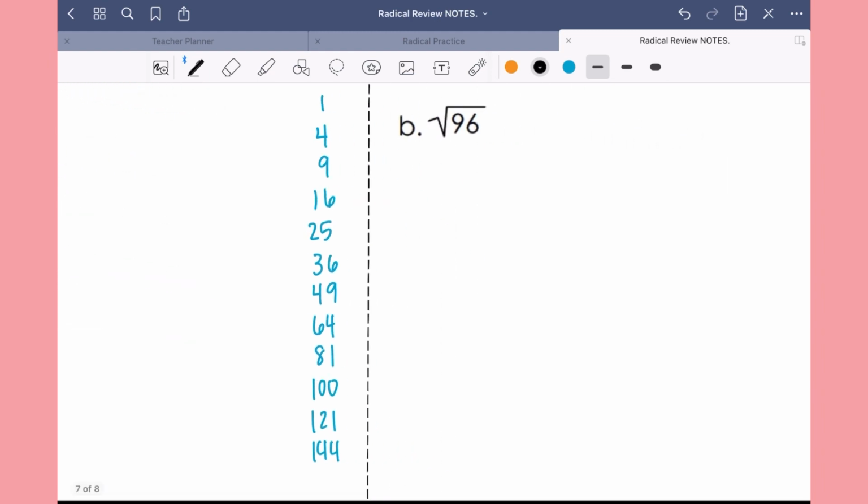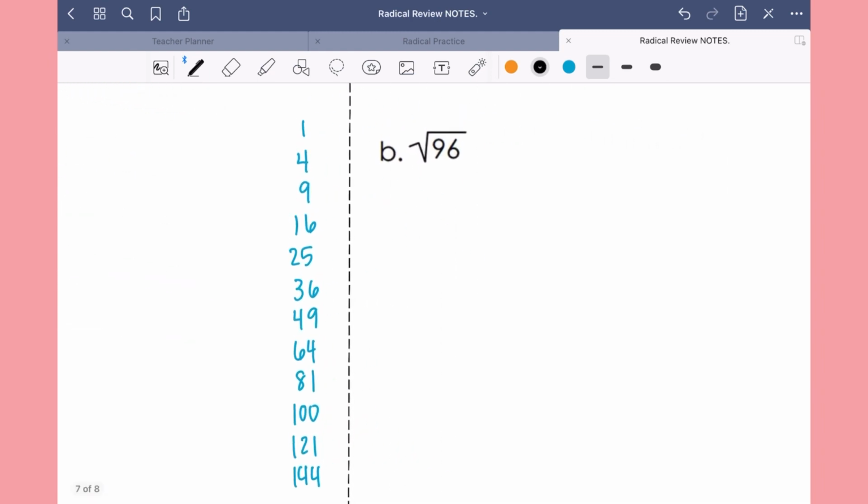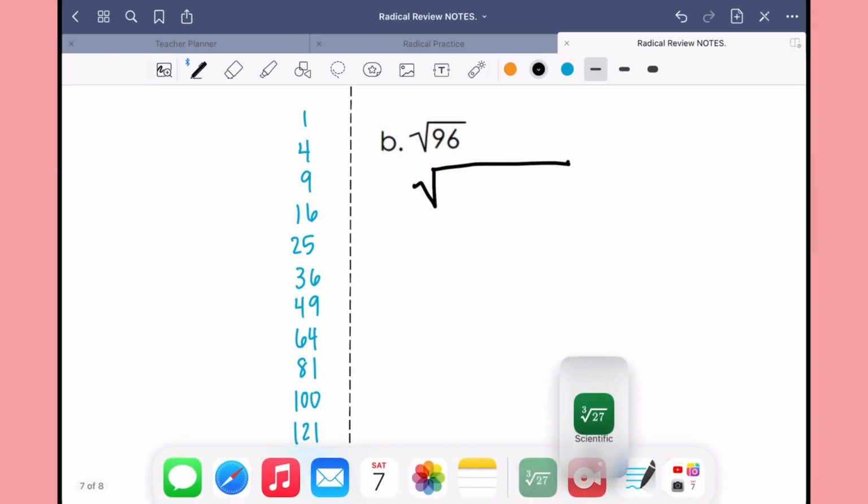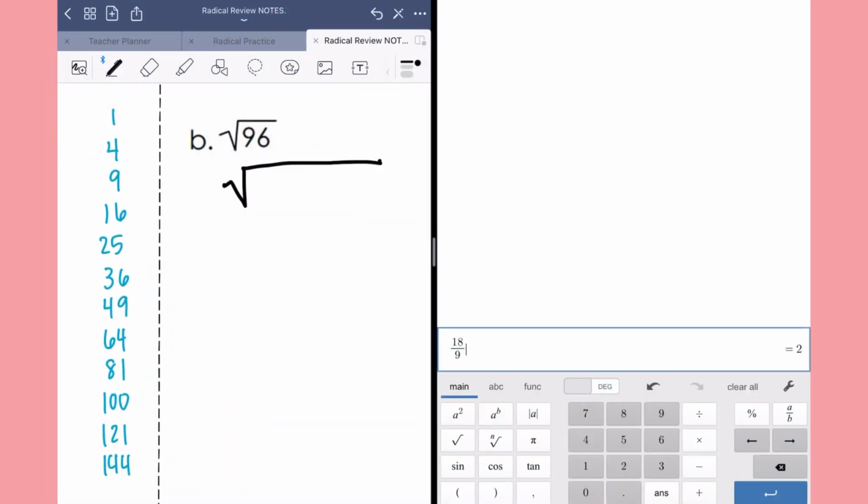Okay, so let's try 96. 96 is a bigger number, so I don't expect anyone to have those factors memorized. But if you do, then great job. So let's just go in order. Let's start with 81.